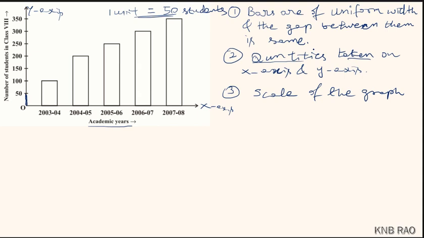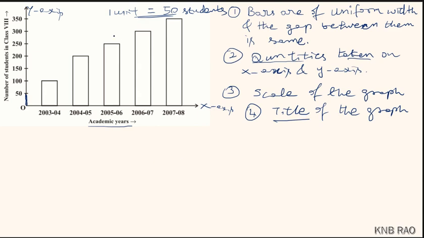So, apart from these three, there are two more points. One, the title of the graph is compulsory to be written. If you are plotting a bar graph, you should compulsorily write the title of the bar graph or a caption.